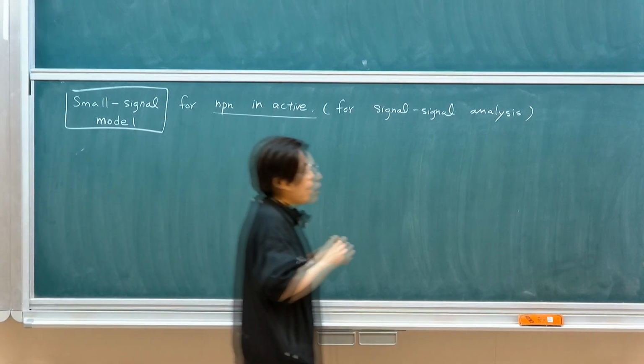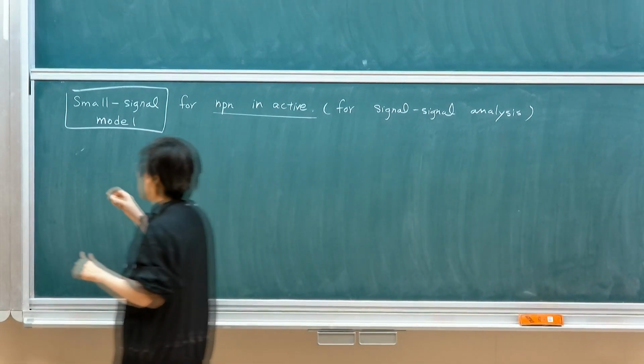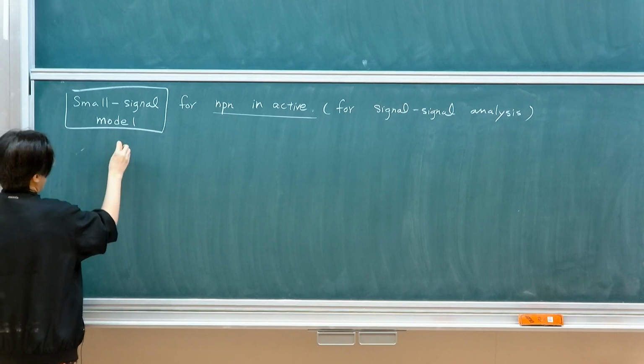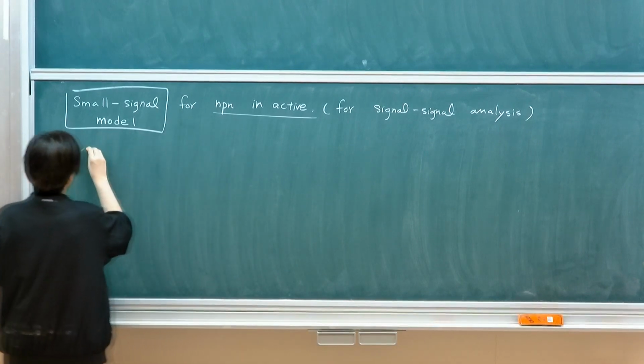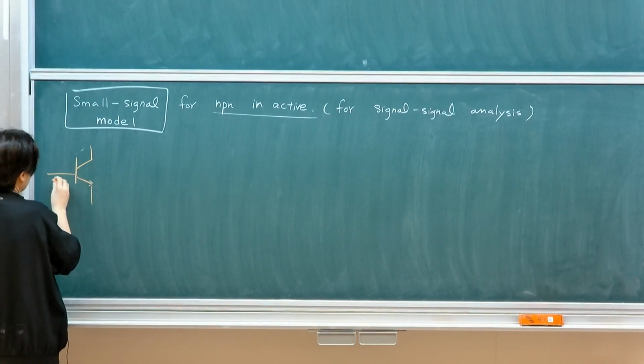So to think about it, one of the key parameters or models in this case is that I want to describe a 3-terminal device. Remember, I have a BJT, so I'm looking at 3 terminals.